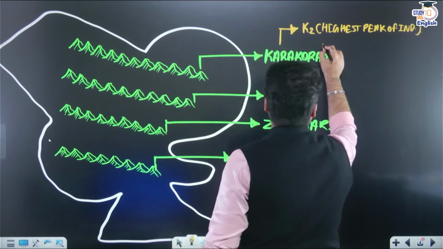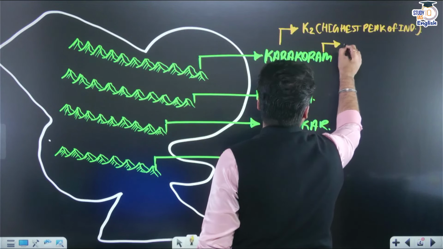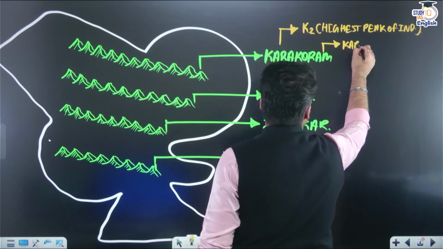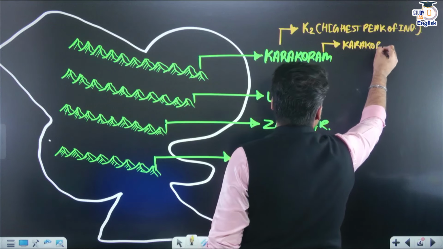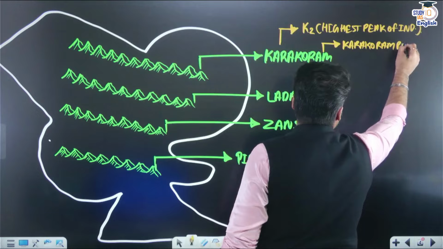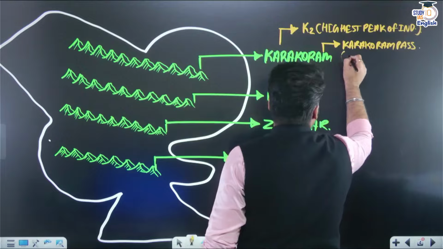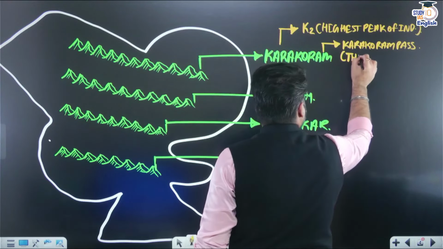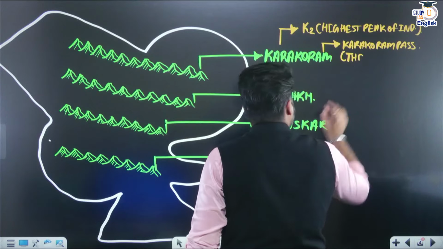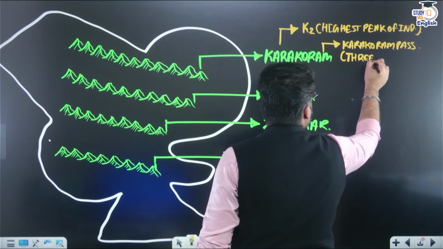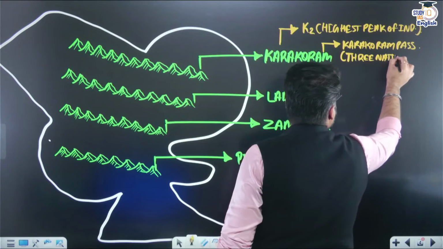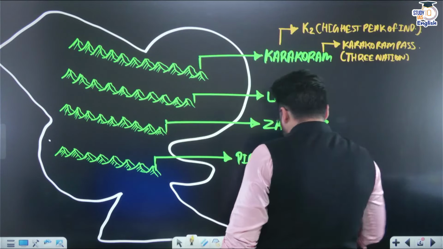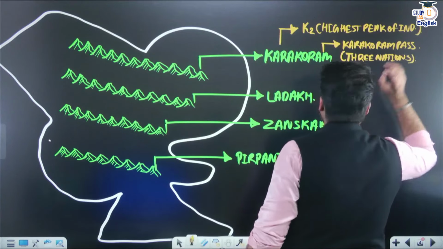Next one, Karakoram also consists of a pass called Karakoram Pass. And do write it down that this pass is between three nations: China, India, and Pakistan.